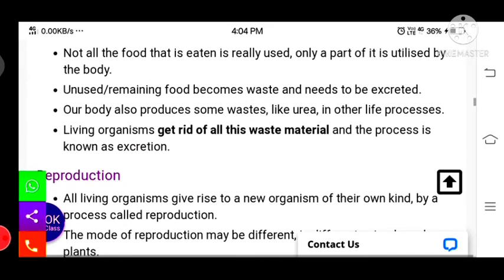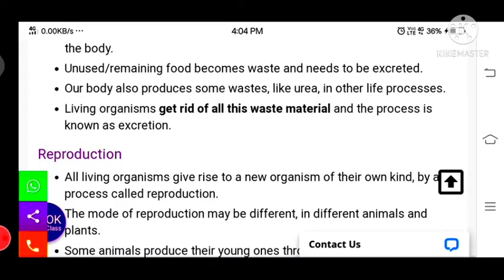Unused, remaining food becomes waste and needs to be excreted. Unused food, like 15% or 45% or any amount of food that remains unused, becomes waste and needs to be excreted from our body.